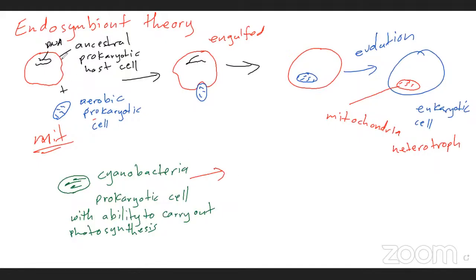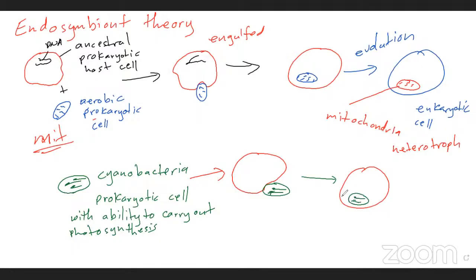Right, so this same ancestral prokaryotic cell can engulf. All right, so let's show the engulfing portion of it. It is going to engulf the bacteria. It's not yet a chloroplast, right? Still bacteria. All right, so now this prokaryotic cell with the ability to carry out photosynthesis is now completely engulfed.